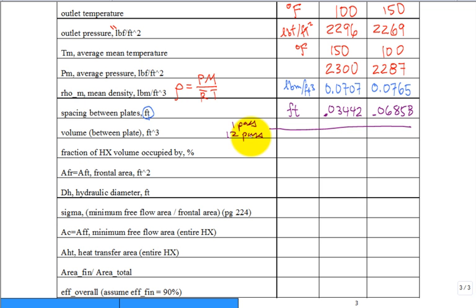So the volume between the plates would be that B times an appropriate area. What's going to help you get the area? That first illustration with the L1 and L2 and L3 dimensions given. And so for the first one, the volume for one, it's B1 times L2, L3.